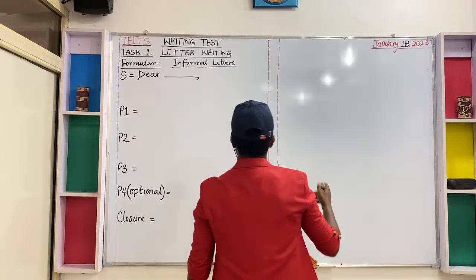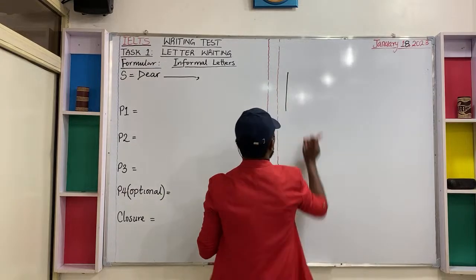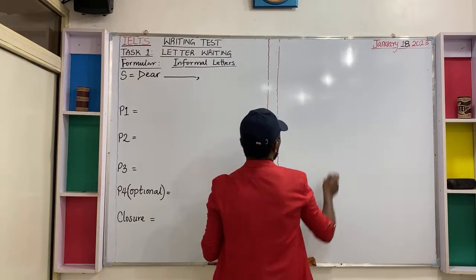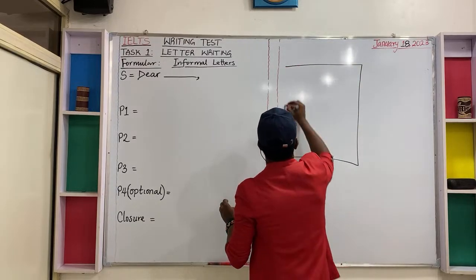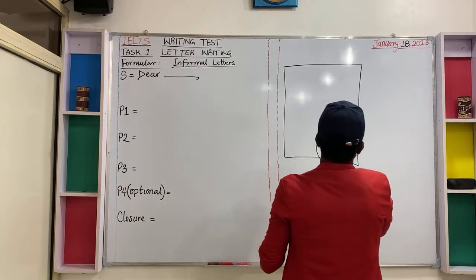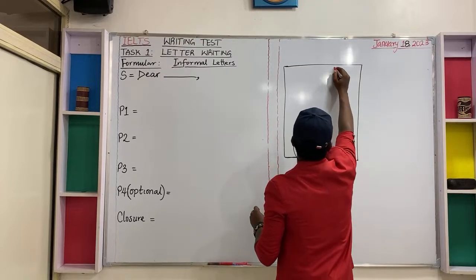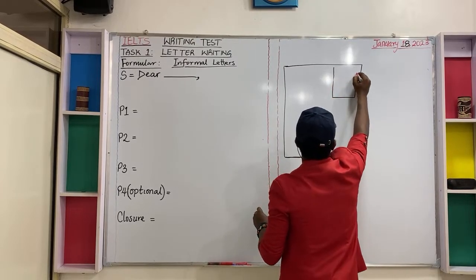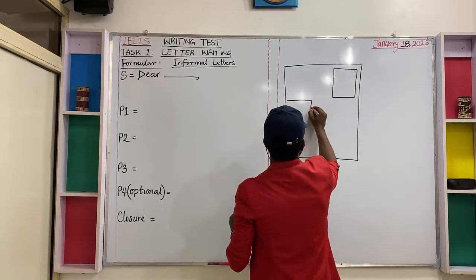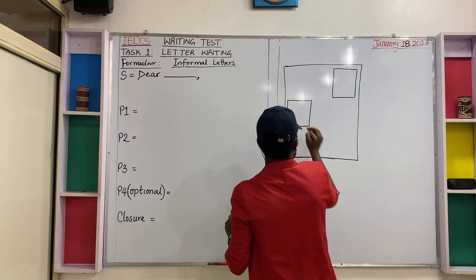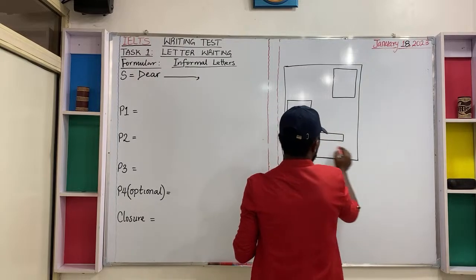But let's establish something before we move ahead. In your normal letters, let's assume this is your paper. You usually have something written on this part, and then there is something you also write at this part, and then perhaps something you write here, then the body of the letter continues.